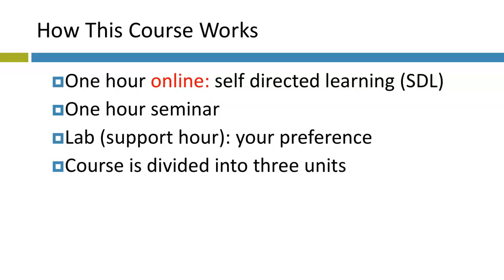Now there is also support time available to you. I'm calling it a lab. It's not really a lab. What the class decided this week is that instead of having a set scheduled hour, which is the same every week for everybody in the class, you would all know that you can contact me at any point to arrange a meeting for one-on-one support.